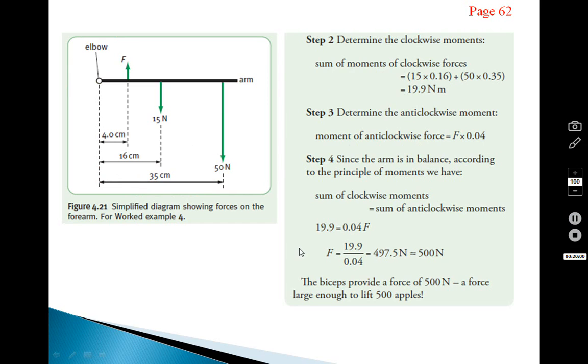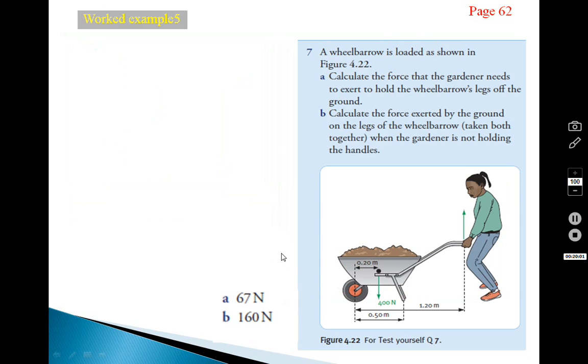Okay, now we will move to solve some unanswered questions. Example number 5. This one is not worked; it is an unanswered question in your textbook. In this question, we have a wheelbarrow loaded as shown in the figure. Section A: calculate the force that the gardener needs to exert to hold the wheelbarrow's legs off the ground.